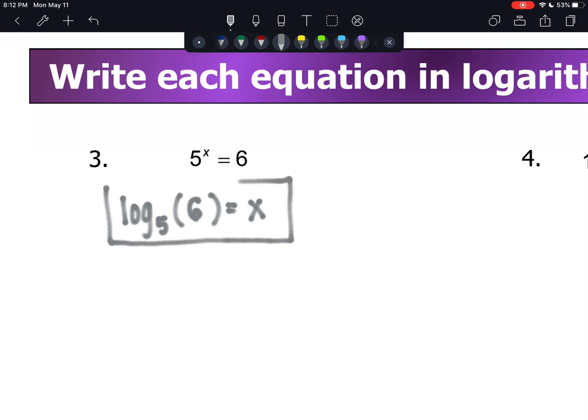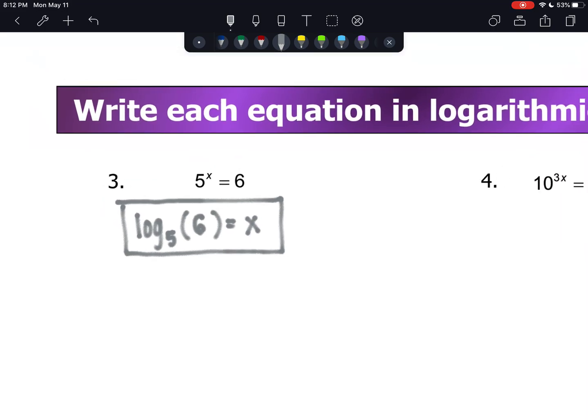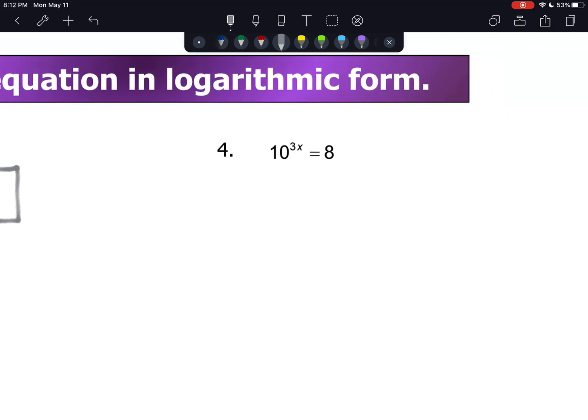Now 5 raised to some power is equal to 6. We're going to talk about solving those equations in another video. Okay, you go ahead and try this next one. Let's write this in log form, and then press pause, and then come on back and press play when you're ready to reveal the answer.